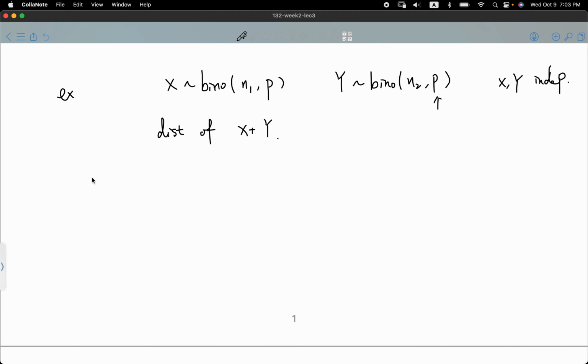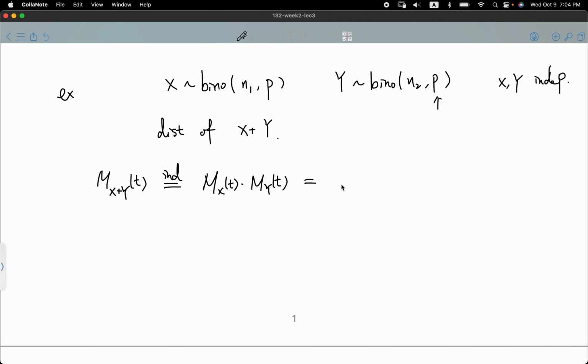Okay, so again, just as in our template, let's write down the moment-generating function of the random variable of interest. Because they are independent, this is the moment-generating function for X multiplied by the moment-generating function for Y. Now we just need to write down the moment-generating function for a binomial random variable.